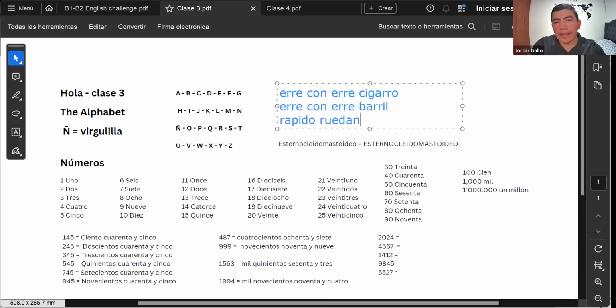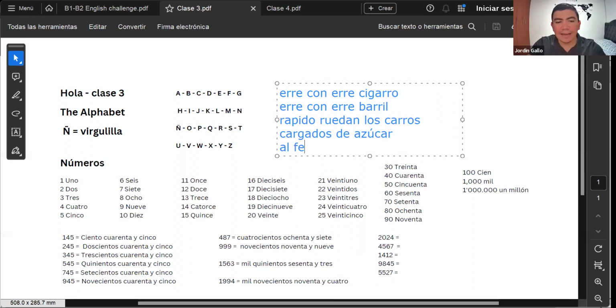Rápido ruedan los carros cargados de azúcar al ferrocarril. So we say R con R cigarro, R con R barril, rápido ruedan los carros cargados de azúcar al ferrocarril.